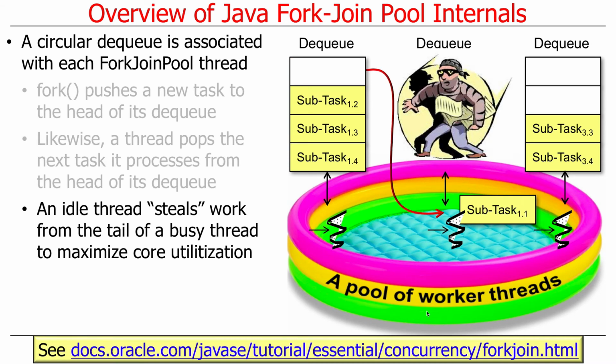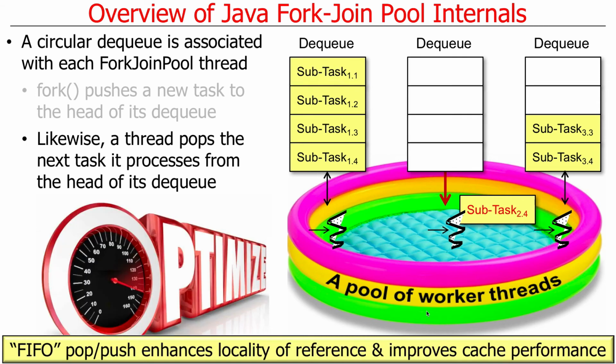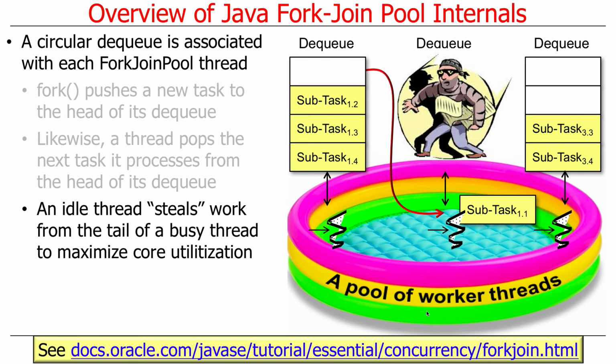So if you have other threads in the pool and they don't have anything in their deques at all, let's say that one thread discovers his deque is empty. He's not playing with a full deck, as they say. He's going to go ahead and steal a subtask from somebody else's deque. And that somebody else's deque is selected at random to try to avoid bottlenecks.